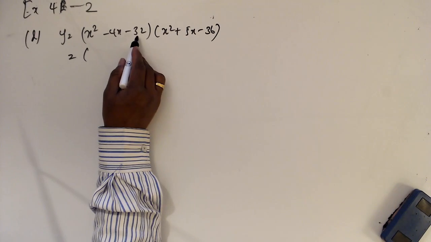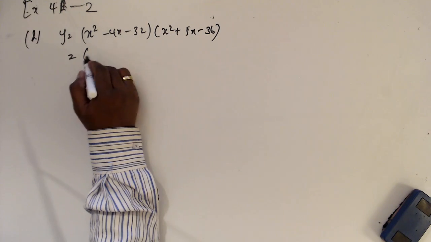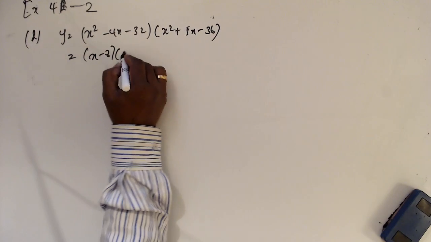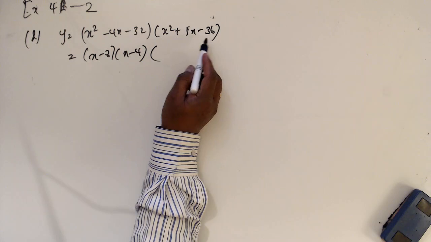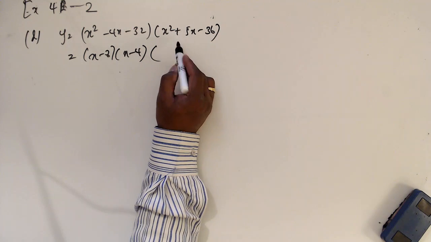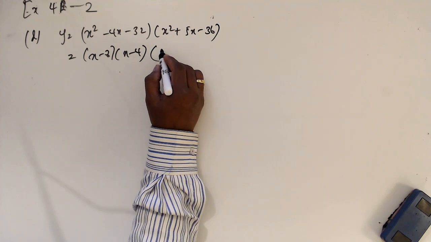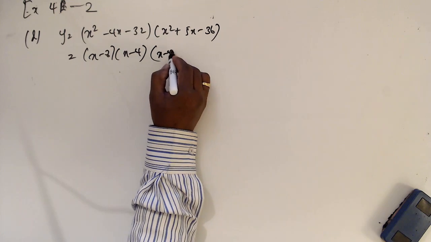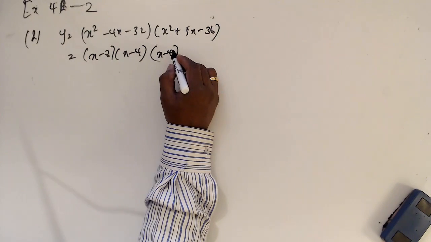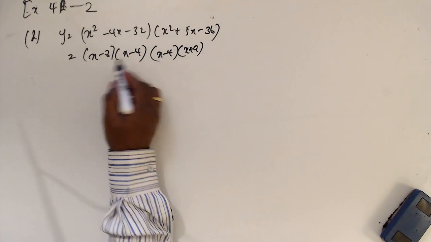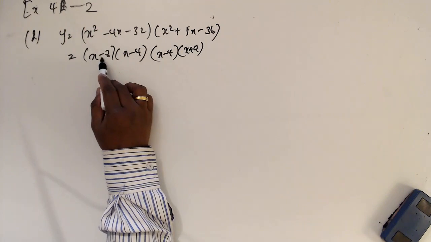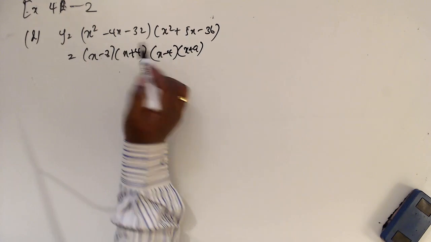This is 8 times 4, (x - 8)(x - 4), and this is 9 times 4, (x - 4)(x + 9)(x - 8), so minus times minus, so this has to be 4.